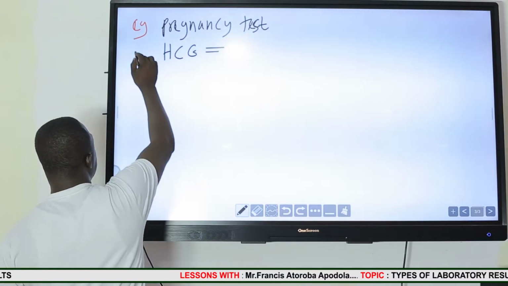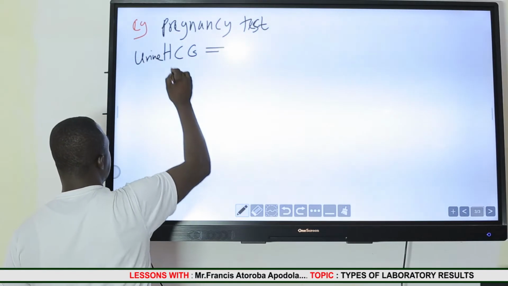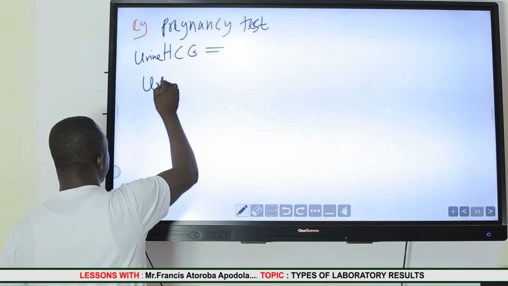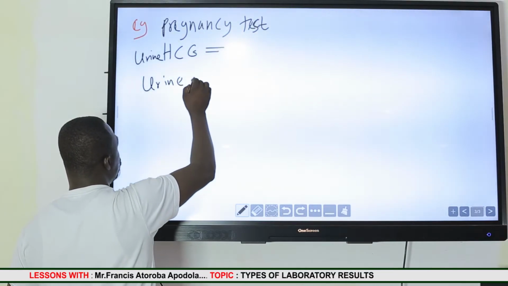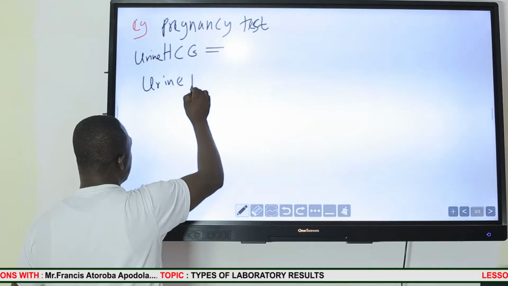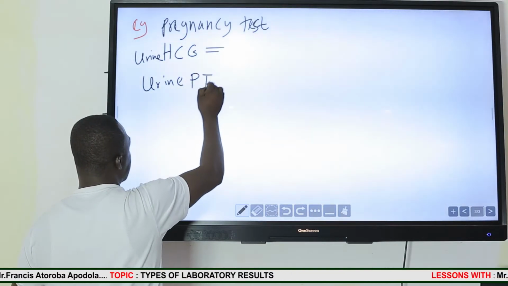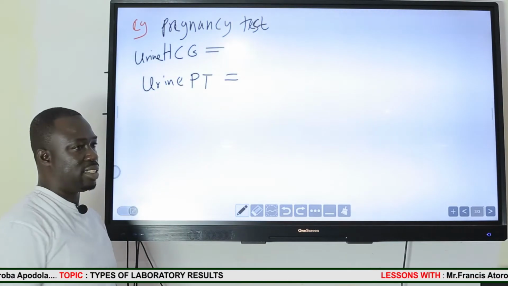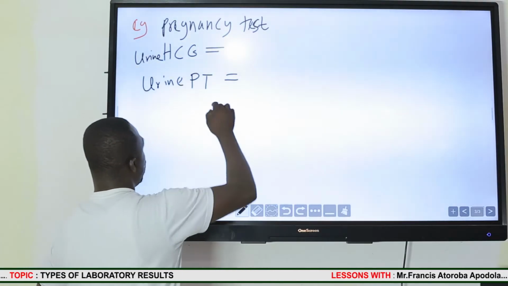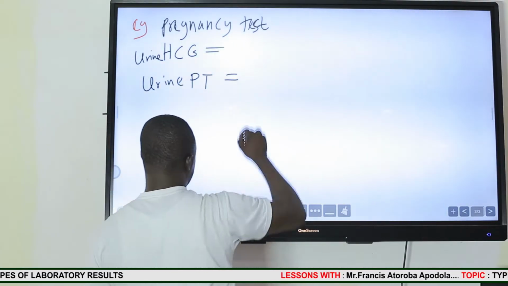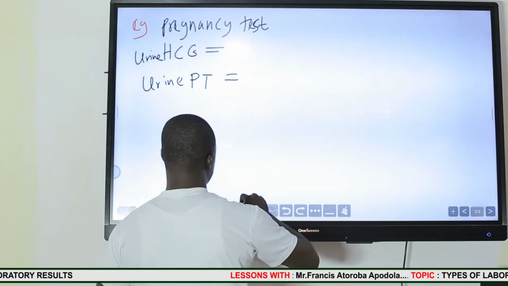When we say urine HCG or urine pregnancy test, P for pregnancy, T for test, we can report urine HCG as a qualitative test result.